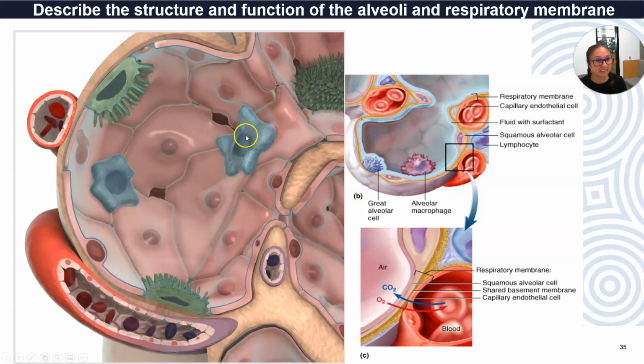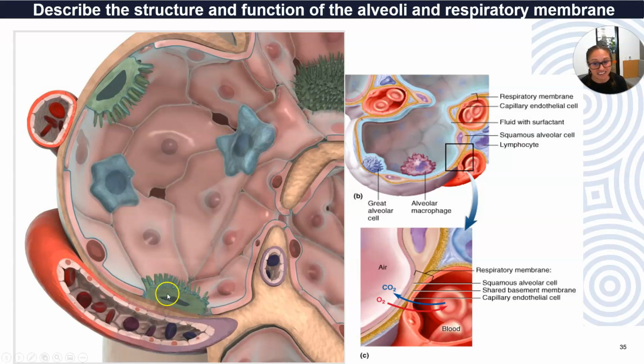We also have cells in here that make something called surfactant. This guy here is a macrophage. I think it's this guy here. I'm not sure which one. I think this blue guy is a macrophage, which essentially goes around picking up debris or things that really shouldn't be in there, gobbles them up, and just cleans up all the time.